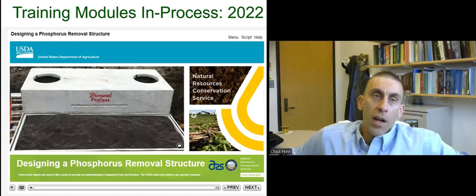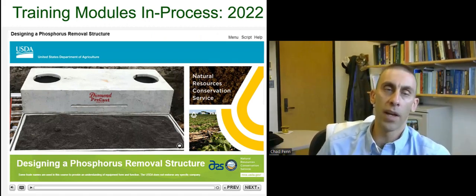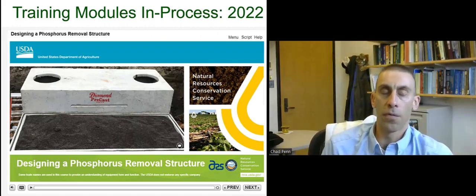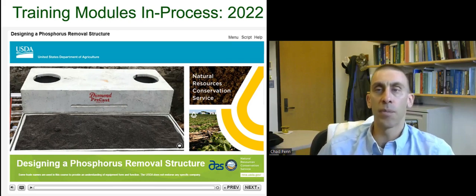There are a lot of details in some training modules that I'm putting together for NRCS. They are creating a certification program that will be available on AgLearn. We're doing this in conjunction with ASA and ASABE, and they should be done by the end of this year.